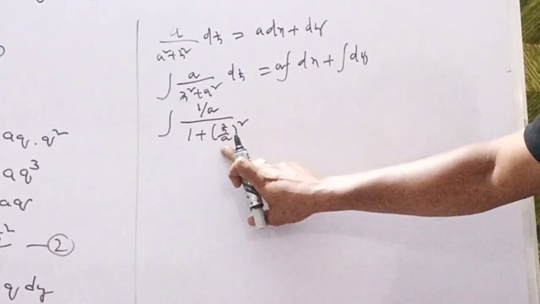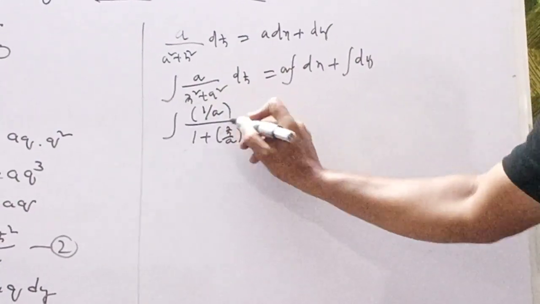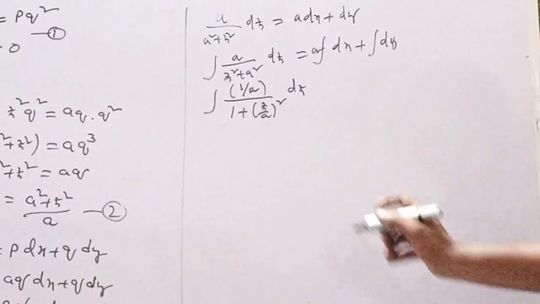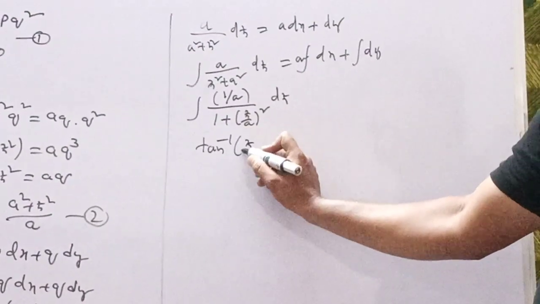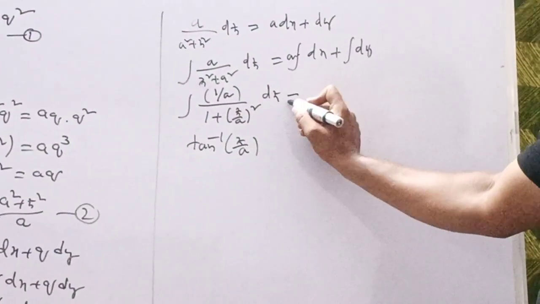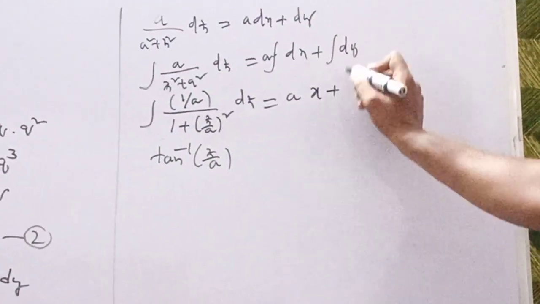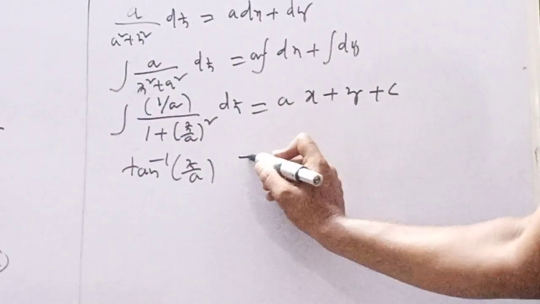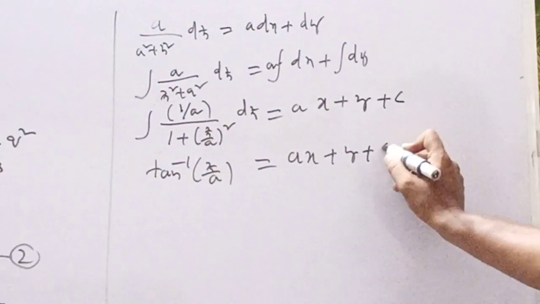So z by a differentiation is 1 by a here, so dz. So we have integral of 1 by 1 plus x square formula, tan inverse. This is a tan inverse z by a equal to a into integral of dx means x, integral of dy means y. Take constant c. This is equal to ax plus y plus c.